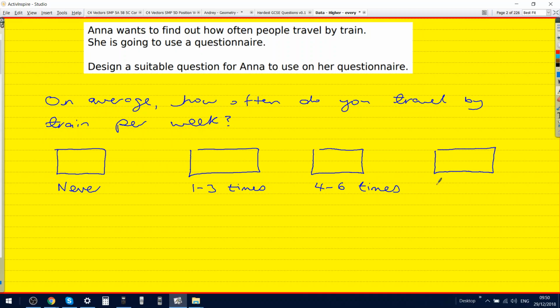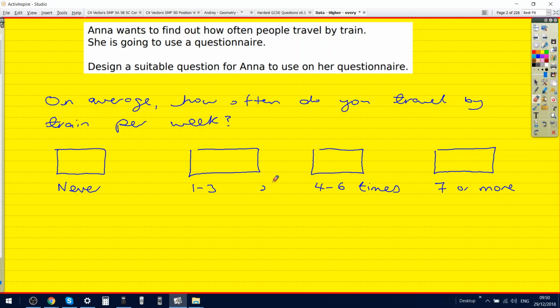I think you would just say 7 or more because it didn't say how many days per week. So it's a bit ambiguous because these could be individual journeys.